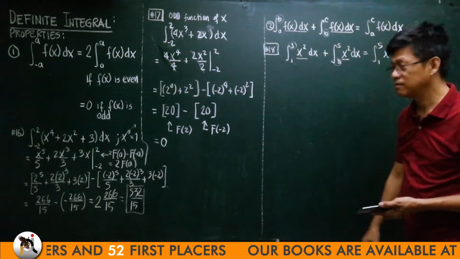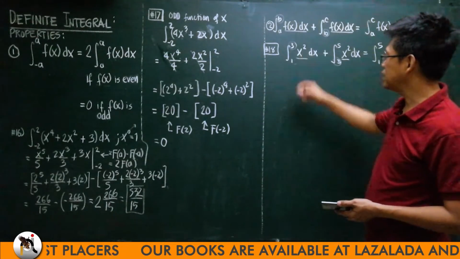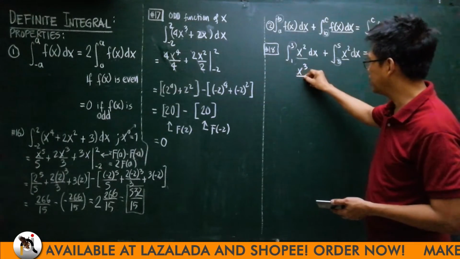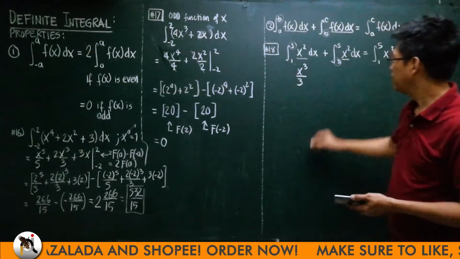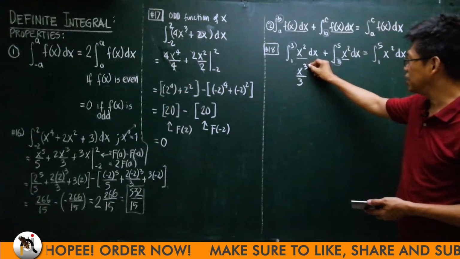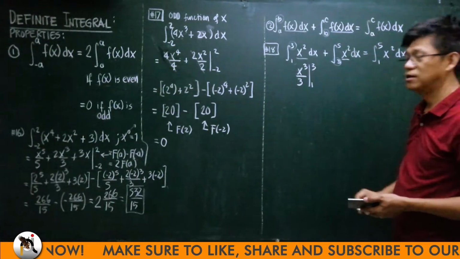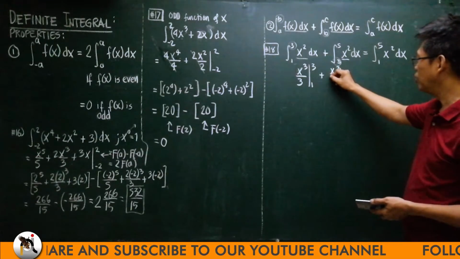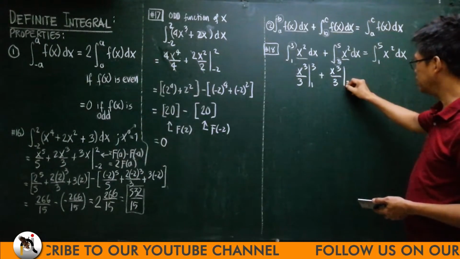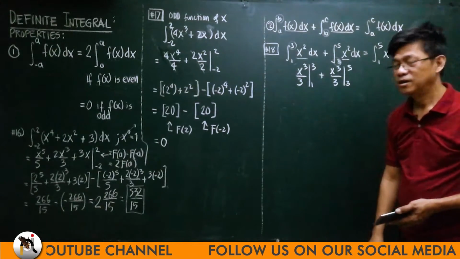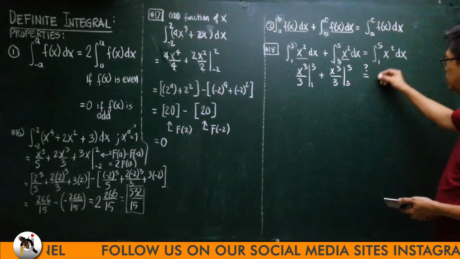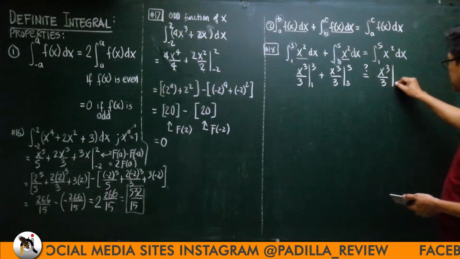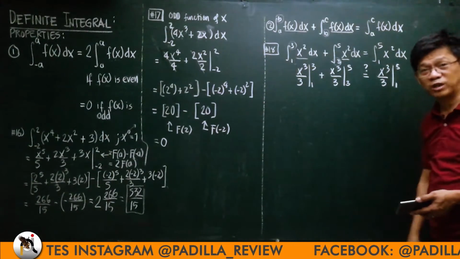Let us prove that. The integral of x squared is x to the 3 over 3. Right? So this is from 1 to 3, plus the integral of x squared, x cubed over 3, from 3 to 5. Is this the same as the function from 1 to 5?